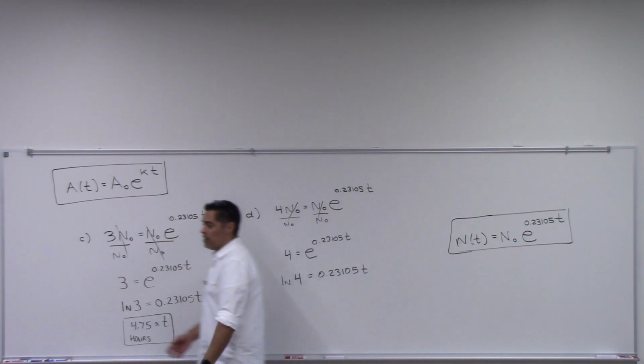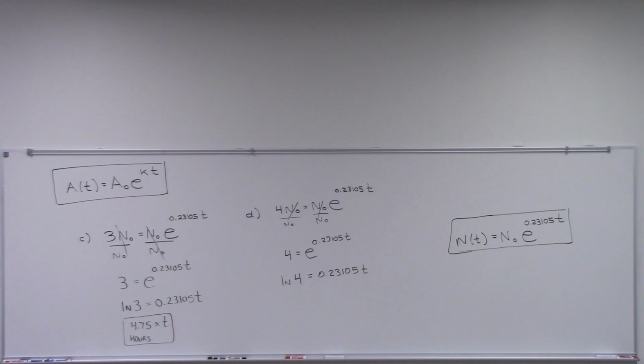Do natural log of 4 on your calculator, divide by... 5.9. So not quite 6. Wait a minute, hold on, I got something else. 5.999, is that what y'all got?